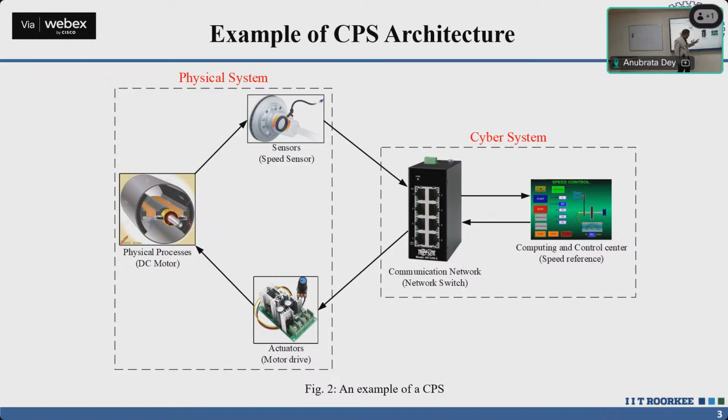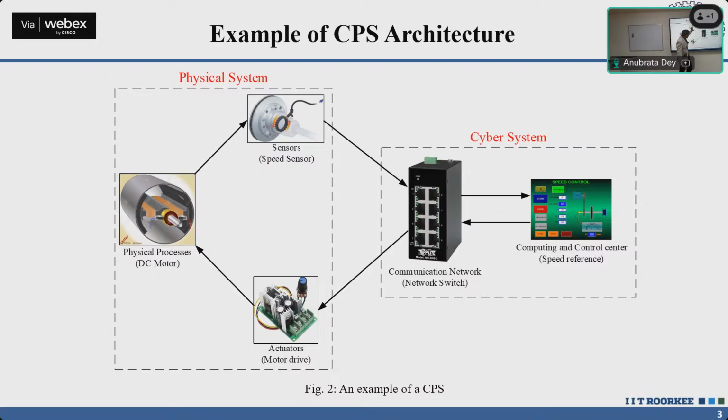Now the best example is our DC motor. Let's say my physical process is nothing but my DC motor, and I have some sensors installed, taking data of the DC motor. You can take voltage, current, speed, whatever it is. Let's say I am taking data of speed.